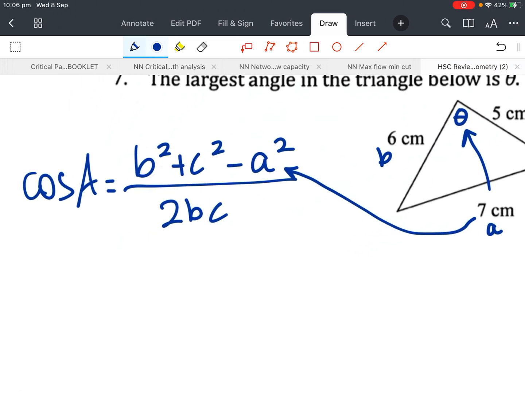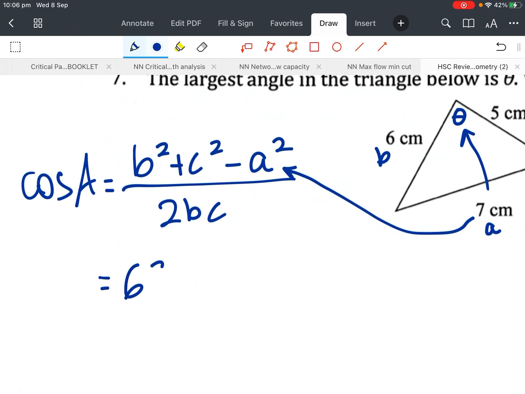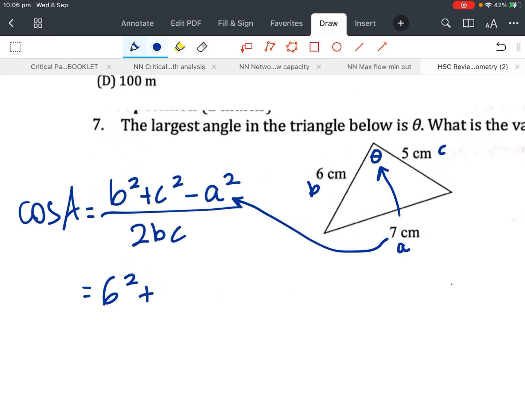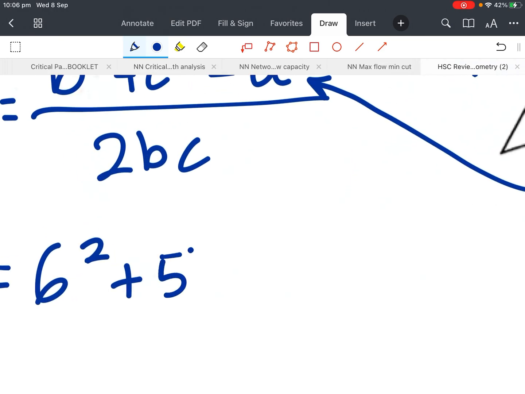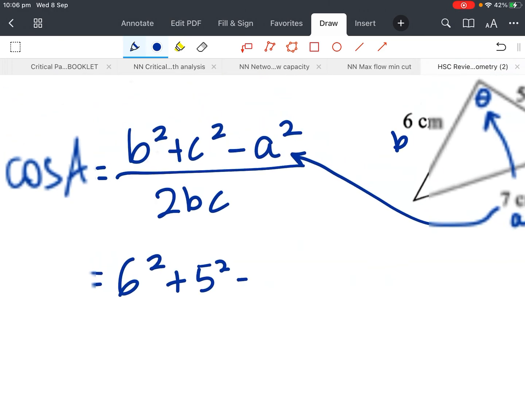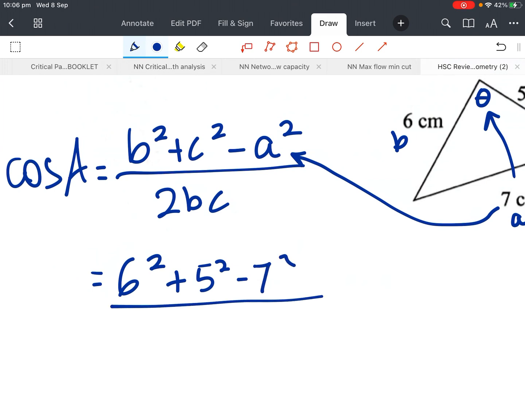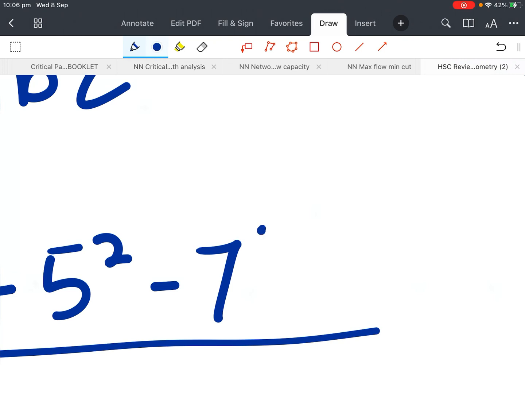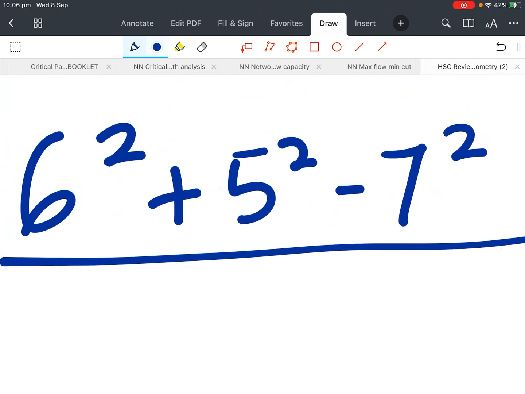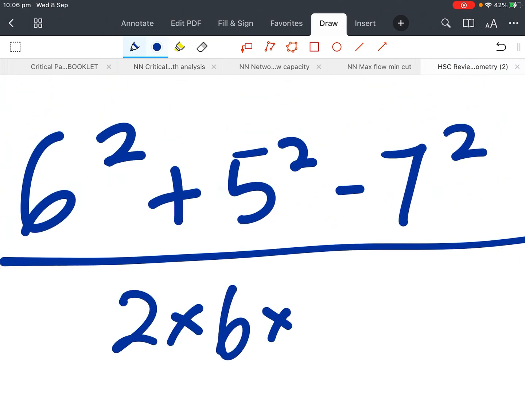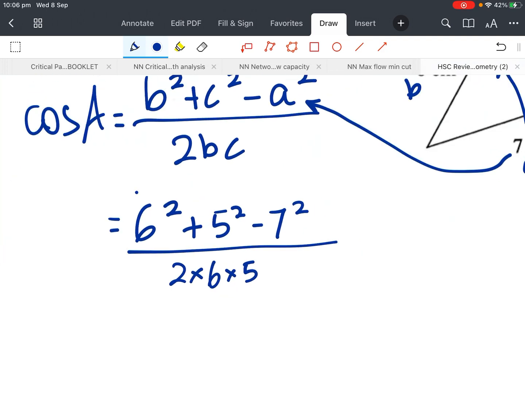So that means I've got to go 6 squared plus 5 squared minus my 7 squared all over 2 times 6 times 5. Now remember, when you're doing that on your calculator, put the top and the bottom in brackets. So let's do that.